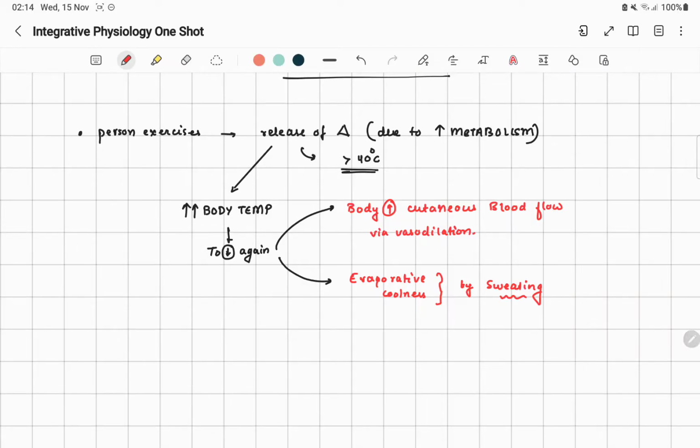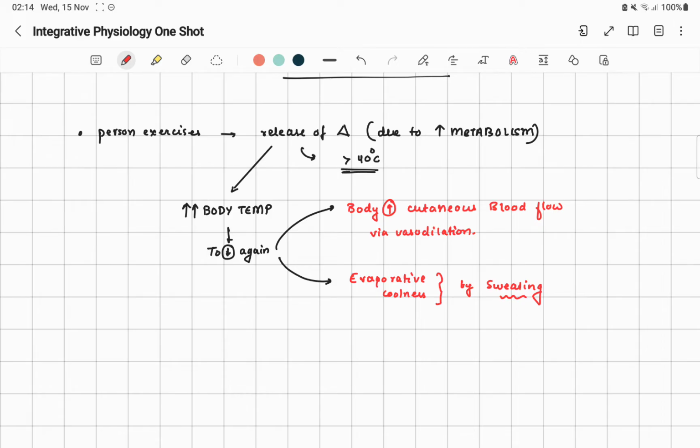How much thermoregulation has to be done depends upon the exercise type, the duration, as well as the intensity. When a person is sweating, there is a loss of salt from the body.